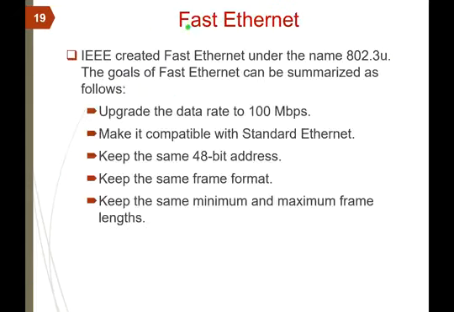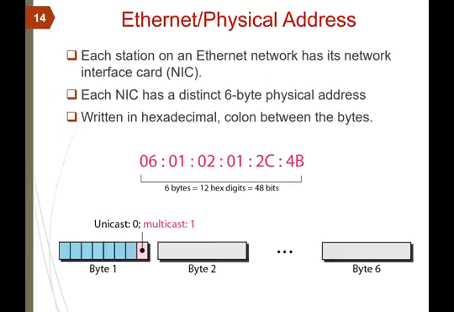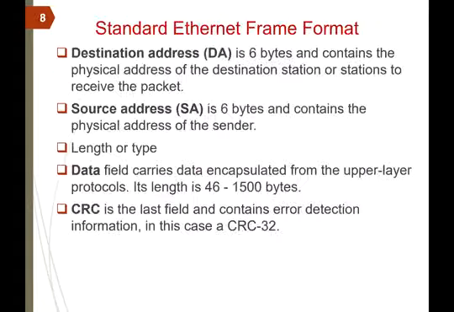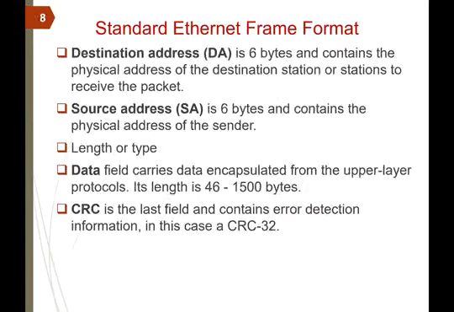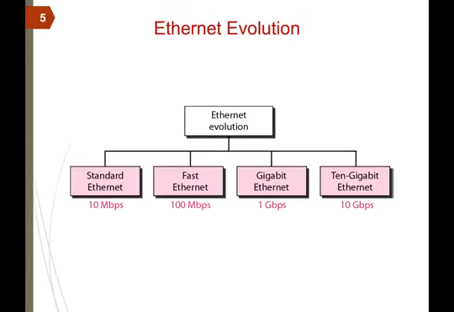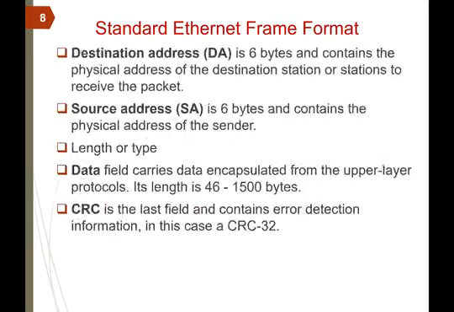So the next step in the evolution of Ethernet was, as we studied this standard, to increase the data rate to 100 megabit per second, which is called fast Ethernet.